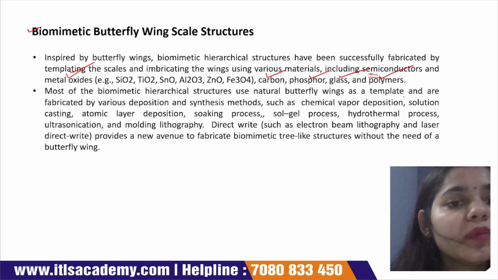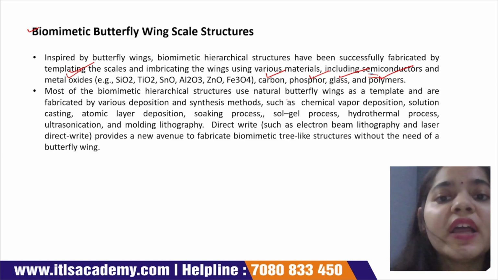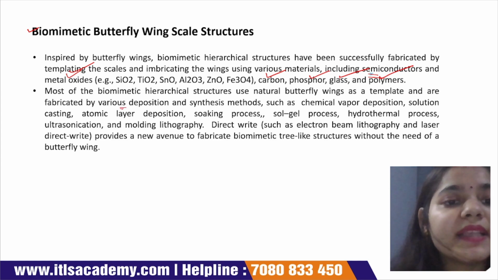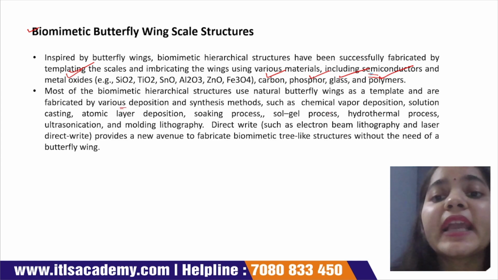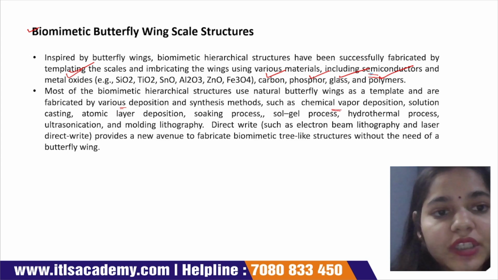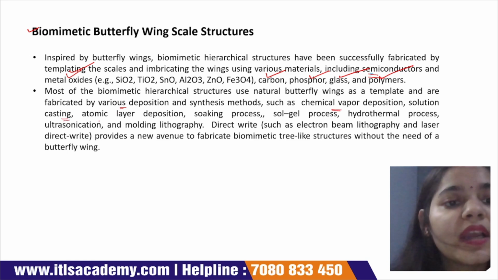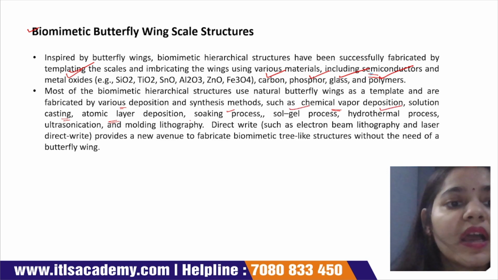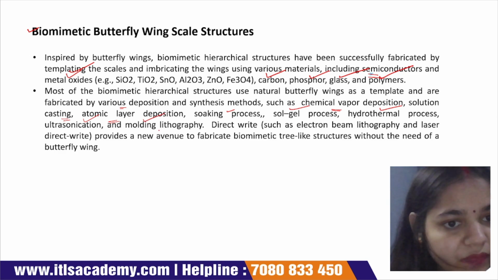Most of the biomimetic hierarchical structures use natural butterfly wings as a template and are fabricated by various deposition and synthesis methods. These methods may be chemical vapor deposition, solution casting, atomic layer deposition, soaking process, sol-gel method, hydrothermal process, ultrasonication, and mold lithography.